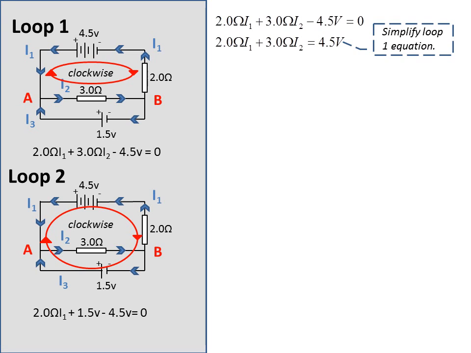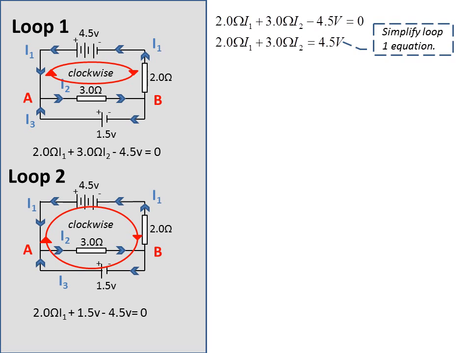Put the voltage on the other side, and then find what I1 is by dividing voltage by resistance. And of course, when we divide voltage by resistance, I get current, which makes sense because I wanted to find a value for I1, a current. In this case, it's 1.5 amps. So I have solved this for I1.